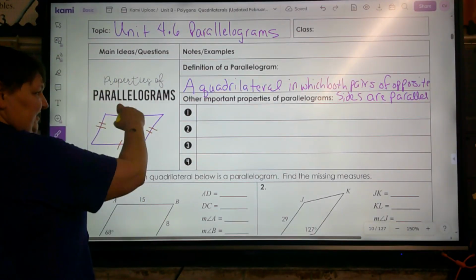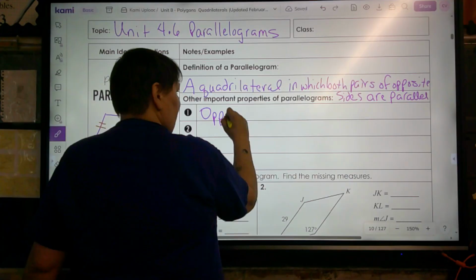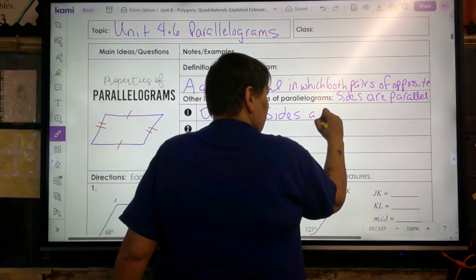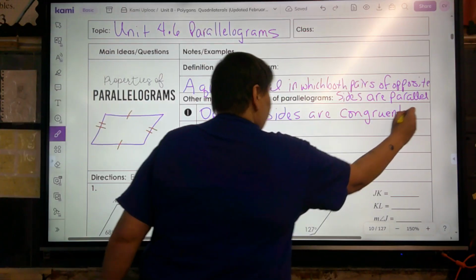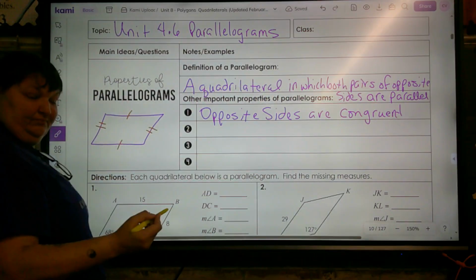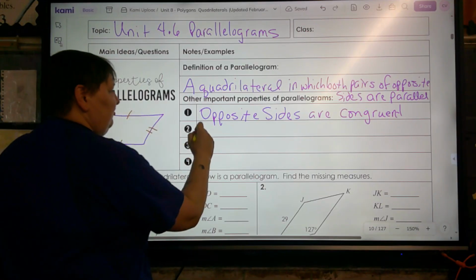So, what do you need to know about parallelograms? Alright, the opposite sides are congruent, meaning equal. This is valuable because if you know the length of this side, then you know the length of this side, right? Because they are congruent. Opposite angles are congruent.